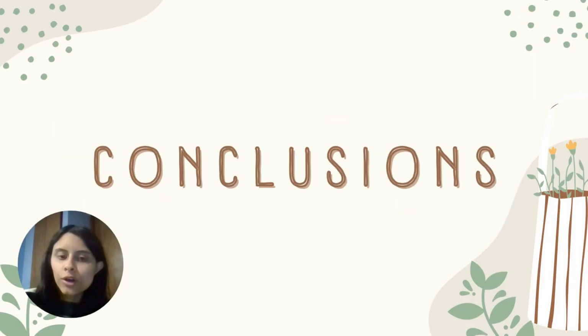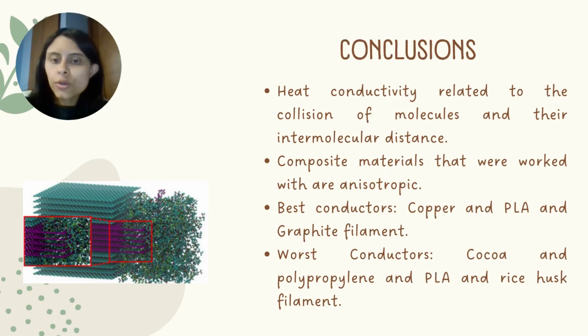Finally, we will move on into the conclusions. In conclusion, throughout the practice, it was seen through the resulting graphs how heat conductivity is deeply related to the collision of molecules and their intermolecular distance. While heat is increased, collisions between molecules will happen, and their intermolecular distances will reduce.